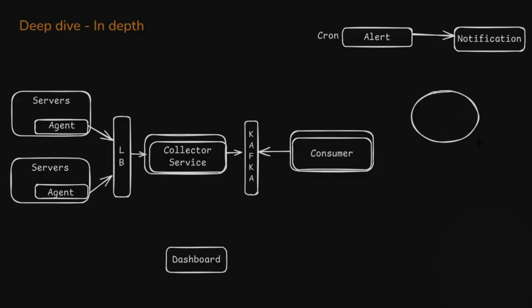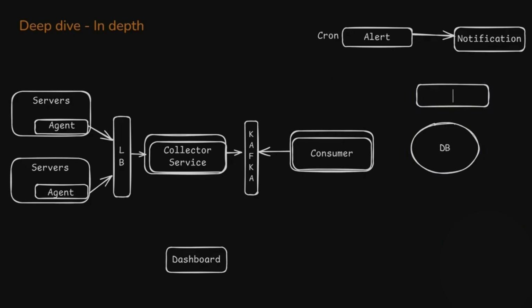This database we need to talk about. This database should support the range query. And if we want this database to support the range query, let's include the query service.